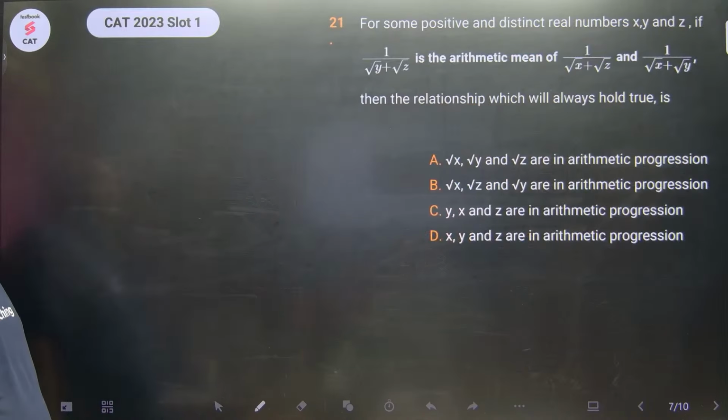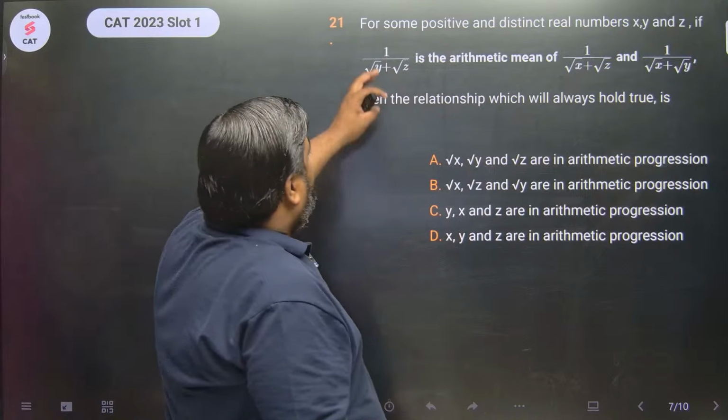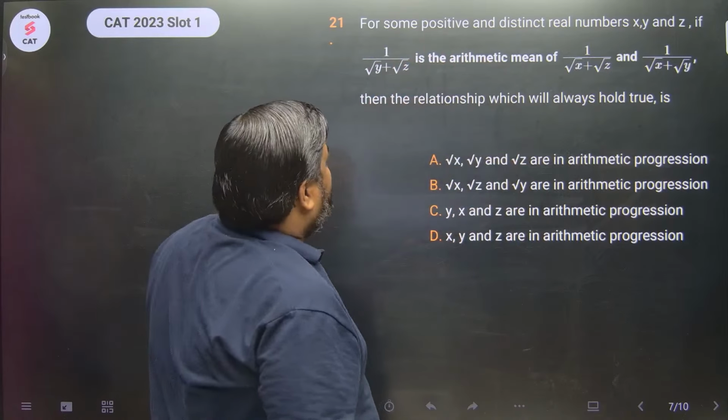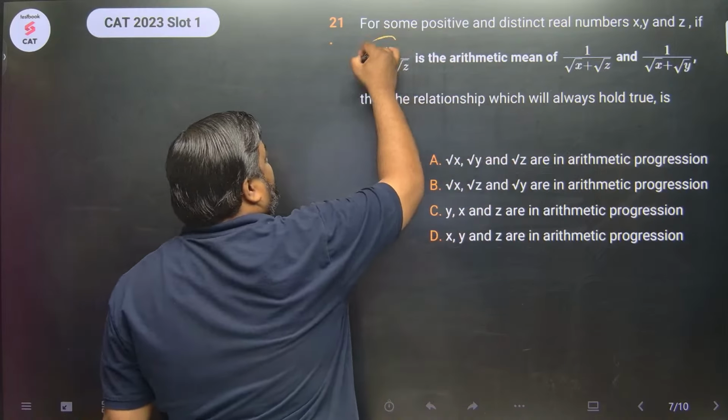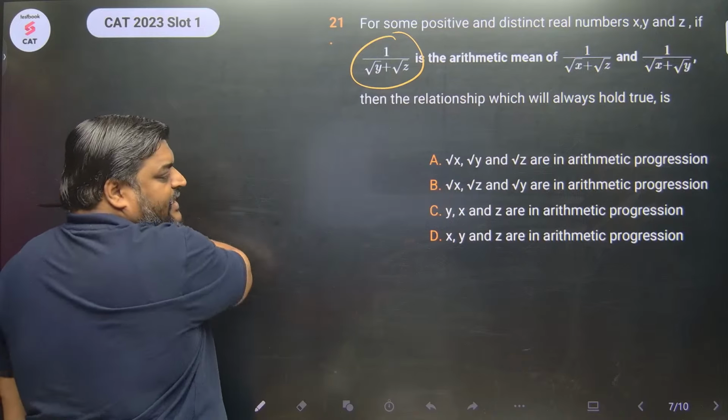21 की बात करते हैं, आ जाओ। For some positive and distinct real numbers x, y, z, if this is arithmetic mean of 2 awkward numbers, which of the relationship will hold true? Okay, very good. Now this is the arithmetic mean.